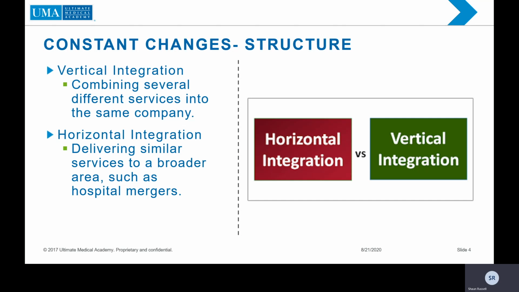Two of these are vertical integration and horizontal integration. Vertical integration is the combining of several different services into the same company. So basically, you say you have one facility or one company, and they might decide that they want to deal with pharmaceuticals.